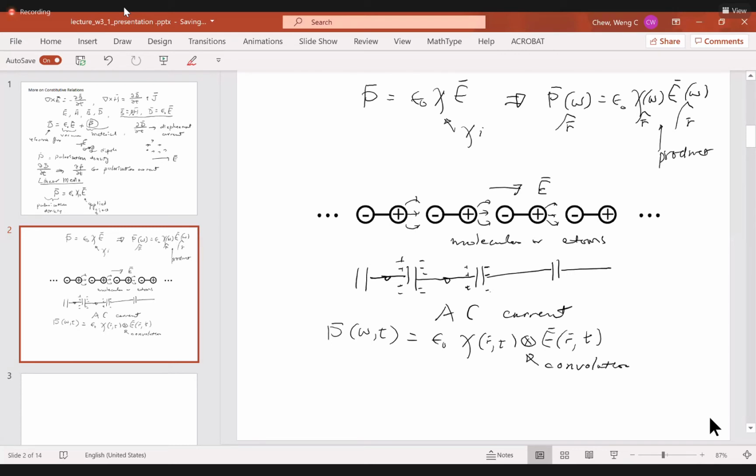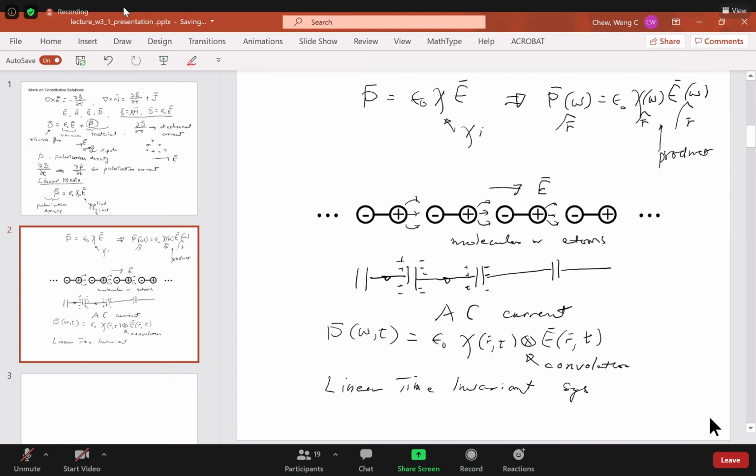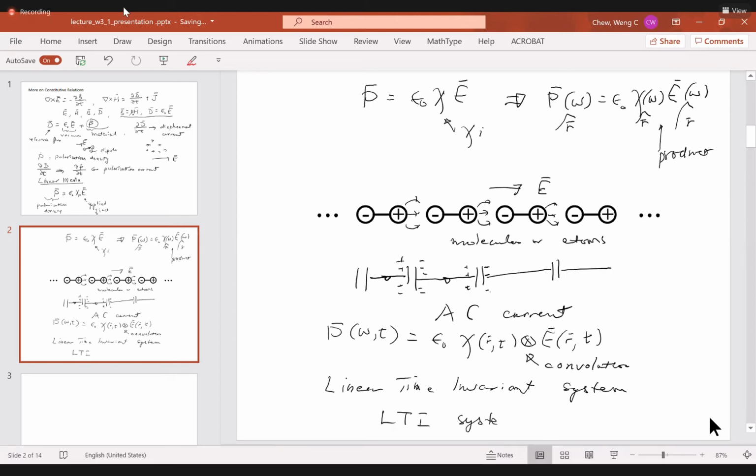And in general, we can use this kind of relationship in a linear time invariant system. So we're going to assume LTI systems, so that a product in the frequency domain just becomes a convolution in the time domain.